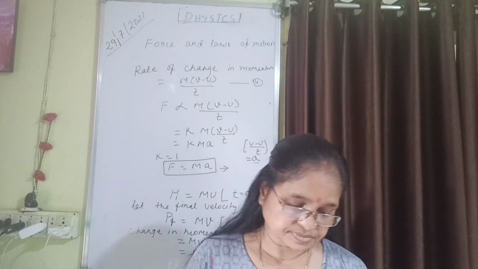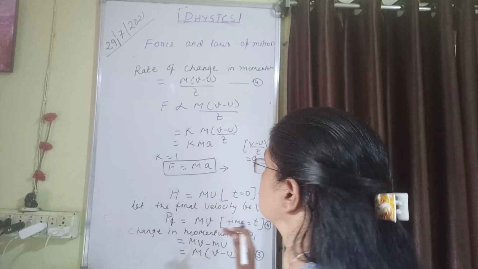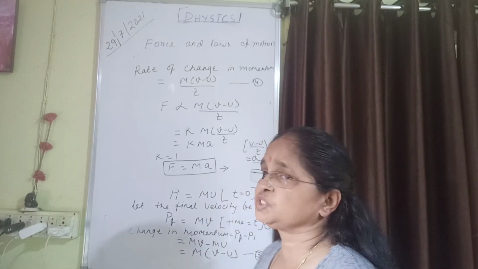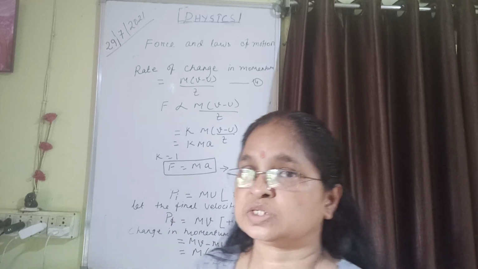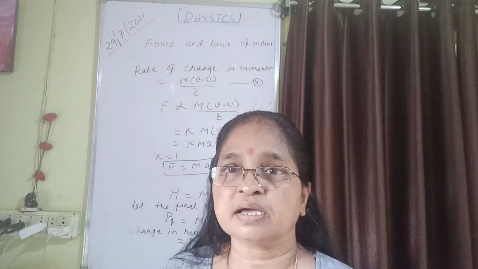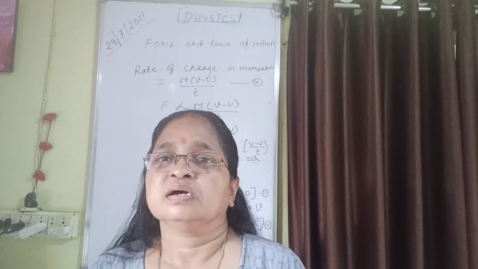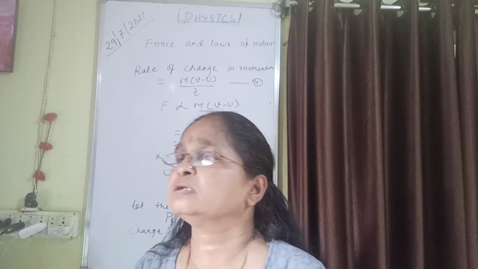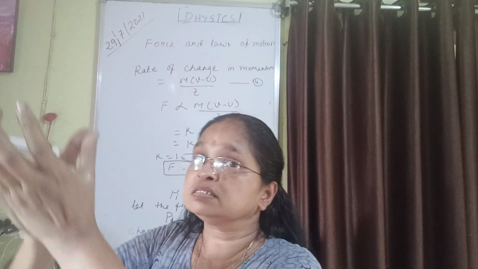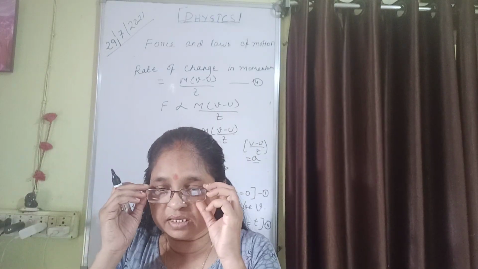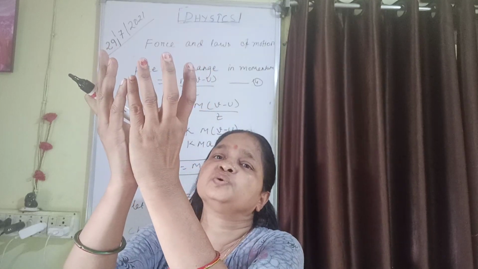So students, what are the examples of Newton's second law of motion? One example I am giving you: you have seen cricketers, when they are catching the ball, they bring their hands backwards. कभी भी आपने ये नहीं देखा होगा कि whenever the ball is coming, we just stand like that.